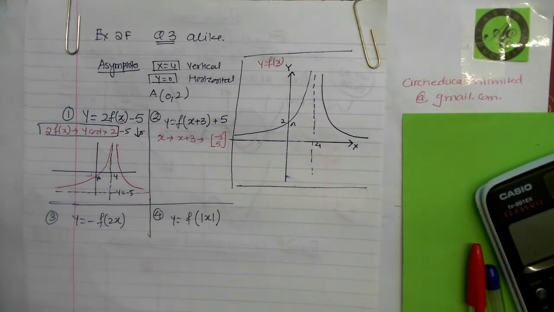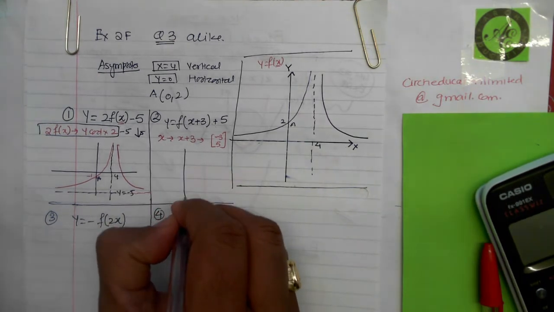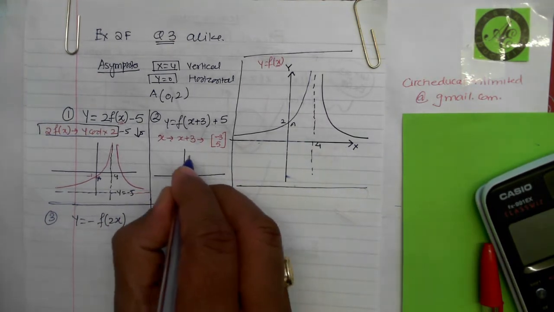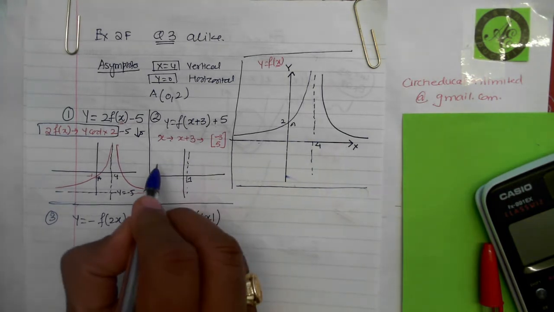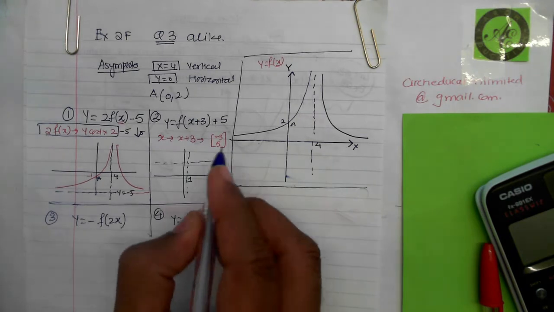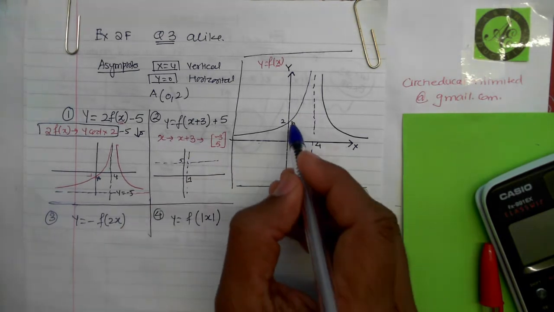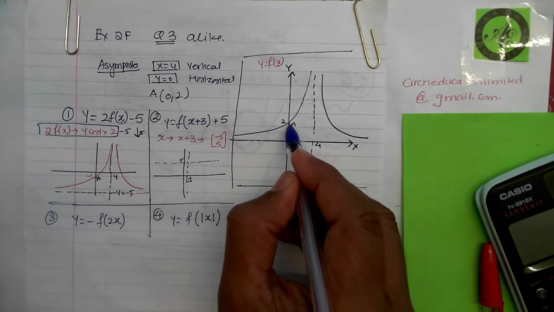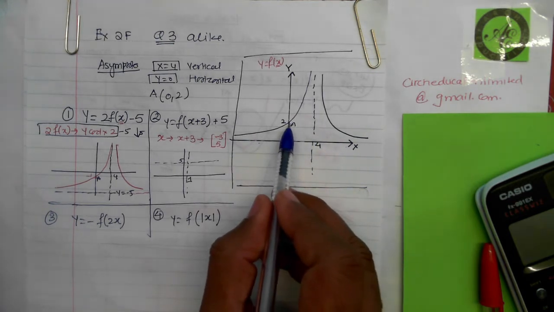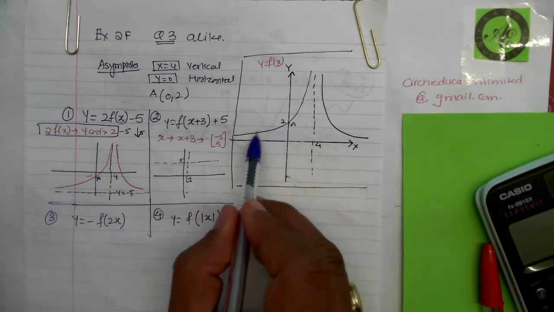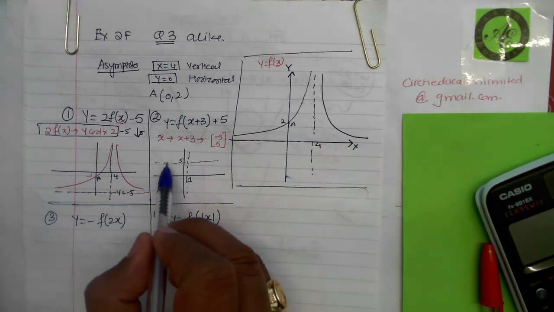So what do we do, guys? We do the asymptotes first. So that will be x equals 1, and it will be y equals 5. This point's x coordinate is 0, so this point will be somewhere over here. But where would it cross the y-axis?